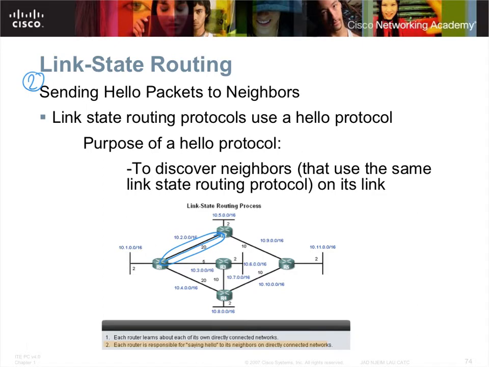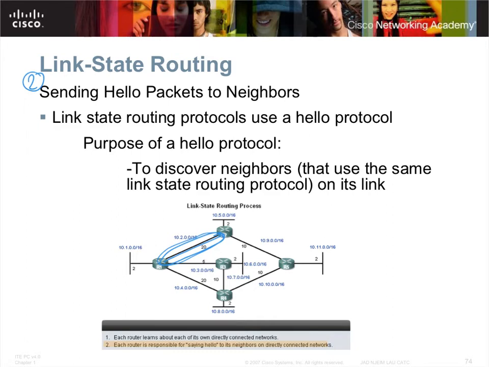They are not necessarily neighbors. Similar to EIGRP, we said that EIGRP defines the neighbor using what? Using the autonomous system number. Here it is different, we'll talk about it. But just the fact that two routers are physically connected to each other doesn't mean that they are necessarily neighbors, right?